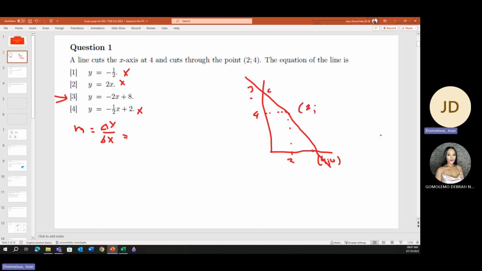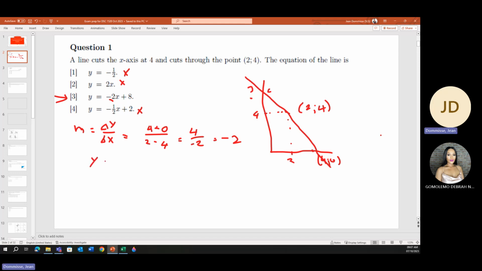So we can say y is 4 minus 0, and when y is 4 minus 0, we can say x is 2 minus 4. So that is 4 over minus 2, which is equal to minus 2. So we can see the slope is minus 2, so that is also correct.